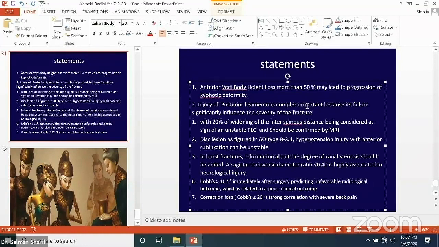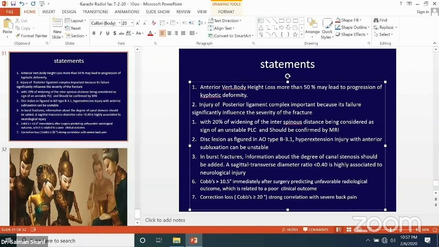Posterior ligament, interspinous ligament, such things. Assessment.